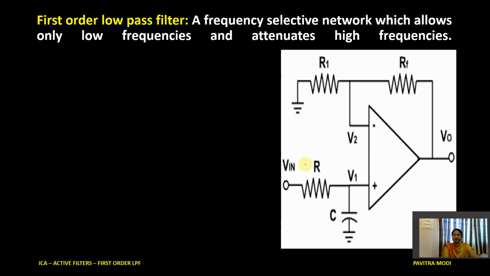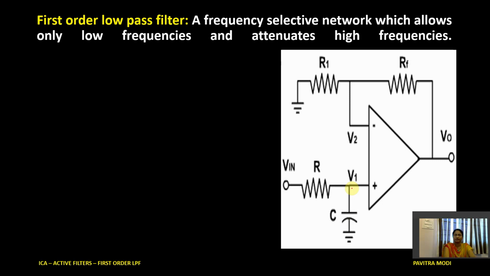This is the circuit diagram representation of the first order low pass filter. Here the input is applied to the non-inverting terminal. Normally we prefer to use the non-inverting amplifier configuration of the operational amplifier. Why? Because the non-inverting amplifier has high input impedance and low output impedance. Therefore the signal won't be loaded.